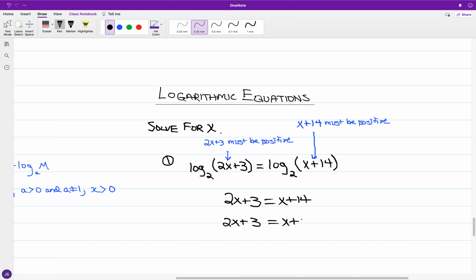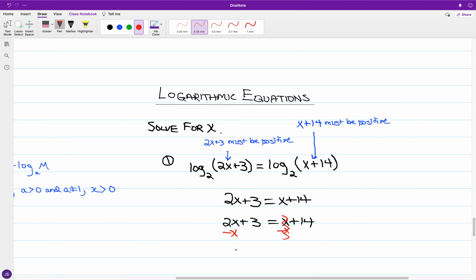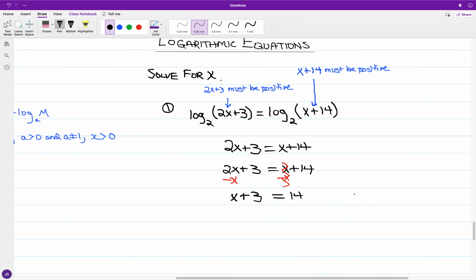If we look at combining the variable terms, taking x away from both sides, we have x plus 3 is equal to 14, and in this case x is going to be 11.